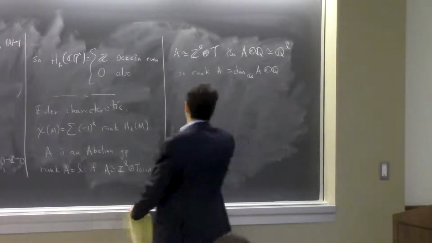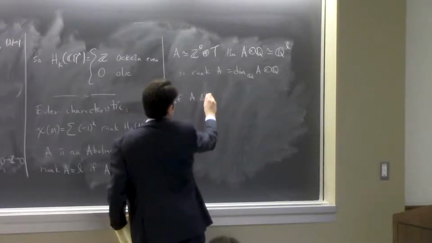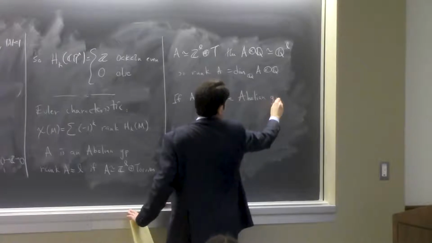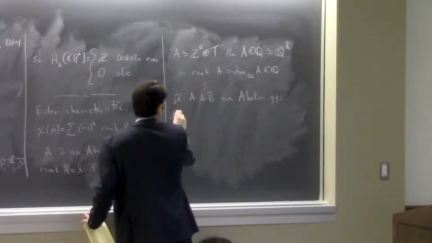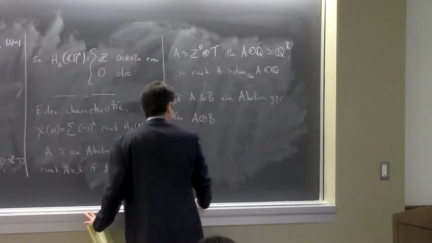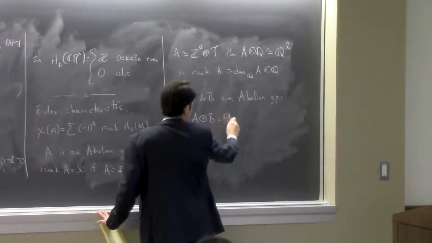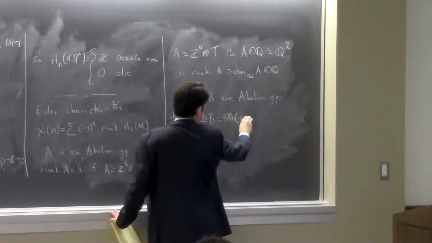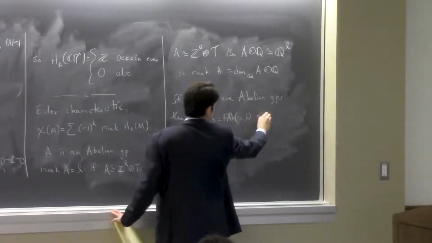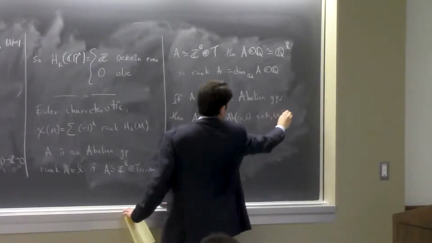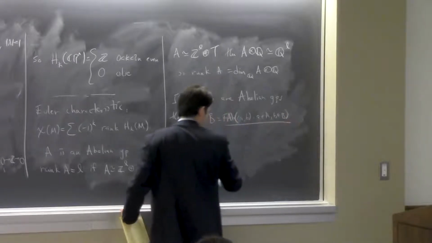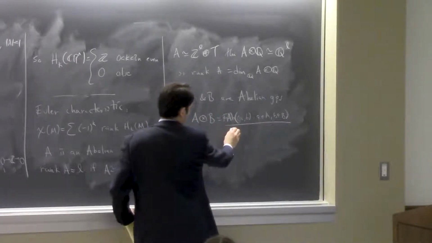So if A and B are abelian groups, then the tensor product is what you get from the free abelian group generated by all pairs once you mod out by two relations.